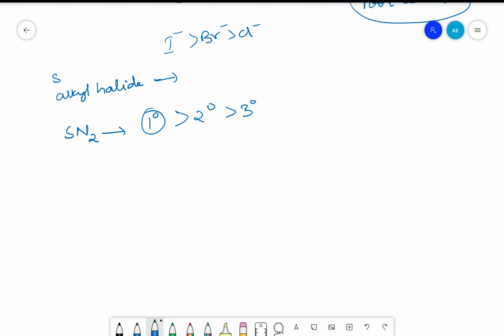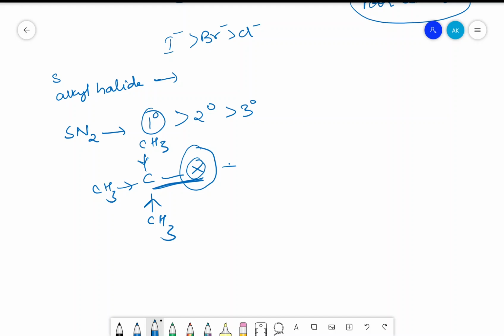As you know, in tertiary alkyl halide you have three methyl groups which are electron donating, and this is your halide. When electron donating groups are present, the electrophilicity decreases. X is more electronegative, and due to more electronic charge on carbon from the donation of these electrons, removal of X as X minus will be difficult.